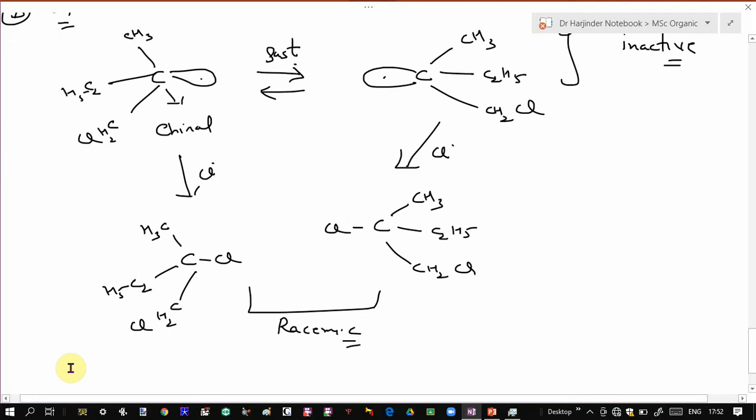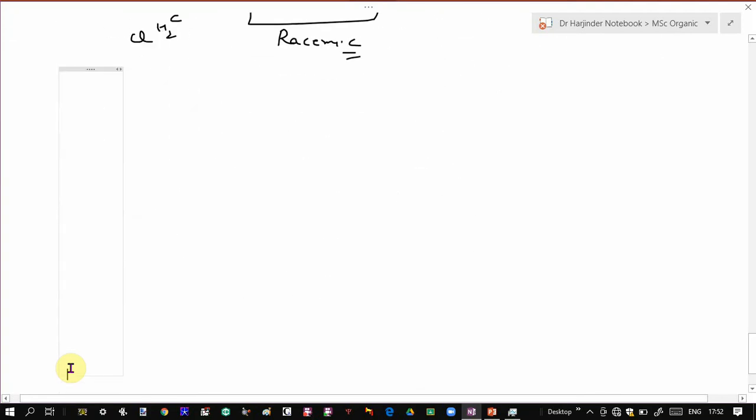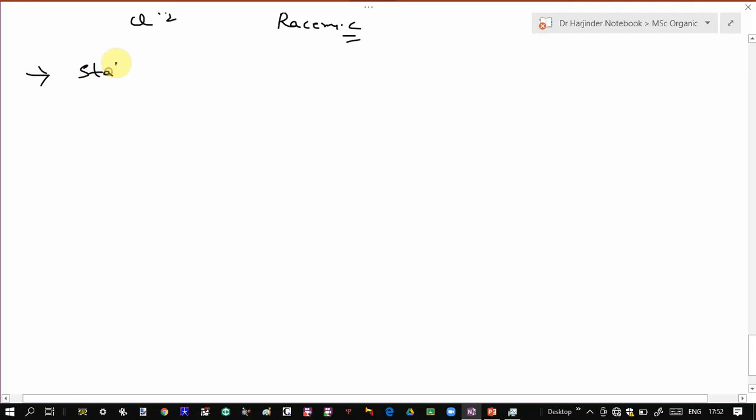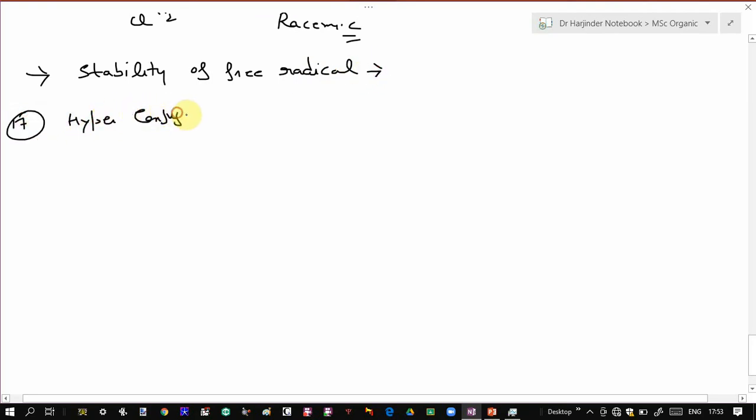Now next is stability of free radicals. Now these free radicals can be stabilized by either hyperconjugation or by resonance. So let us see hyperconjugation.